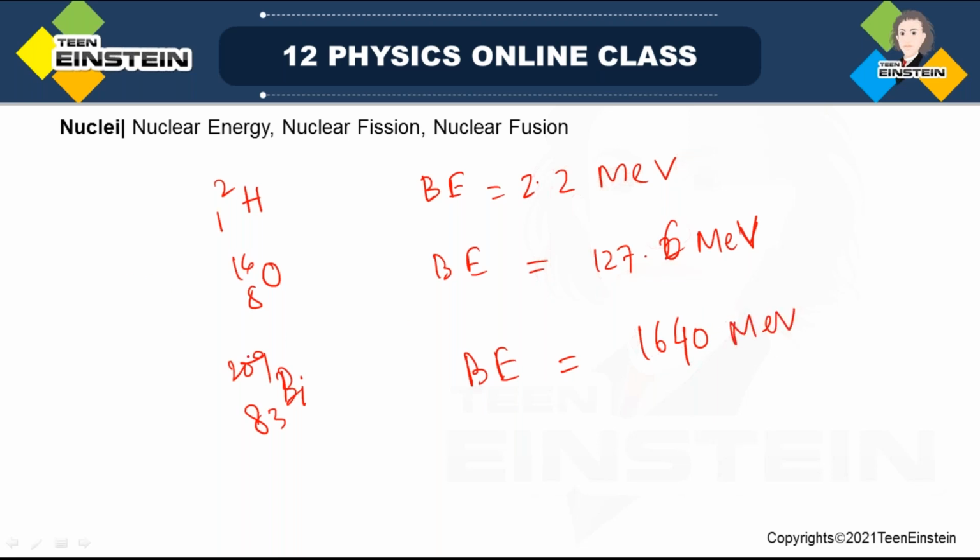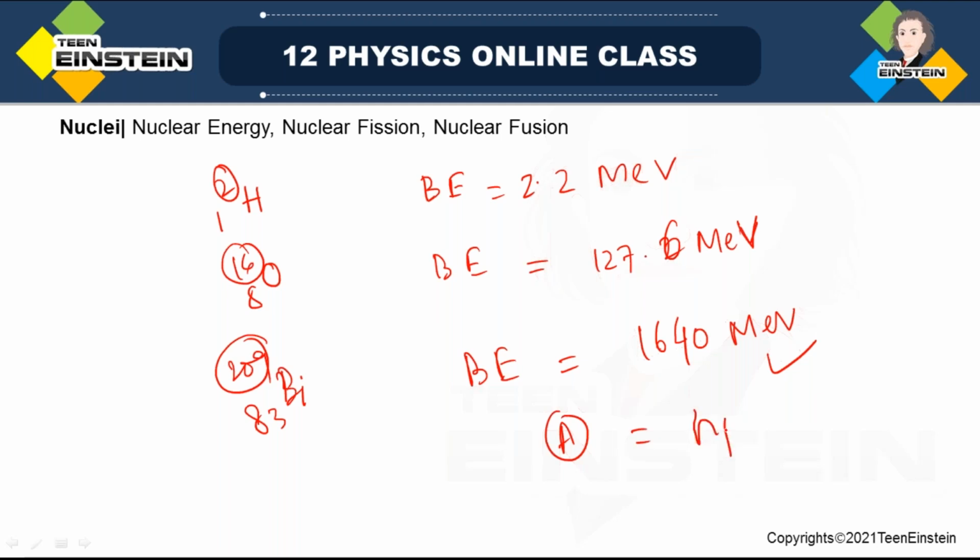And see, these will have this much binding energy. So binding energy actually increases when your number of nucleons also increases. Look here, nucleons means the number of protons and neutrons. That is the mass number also.